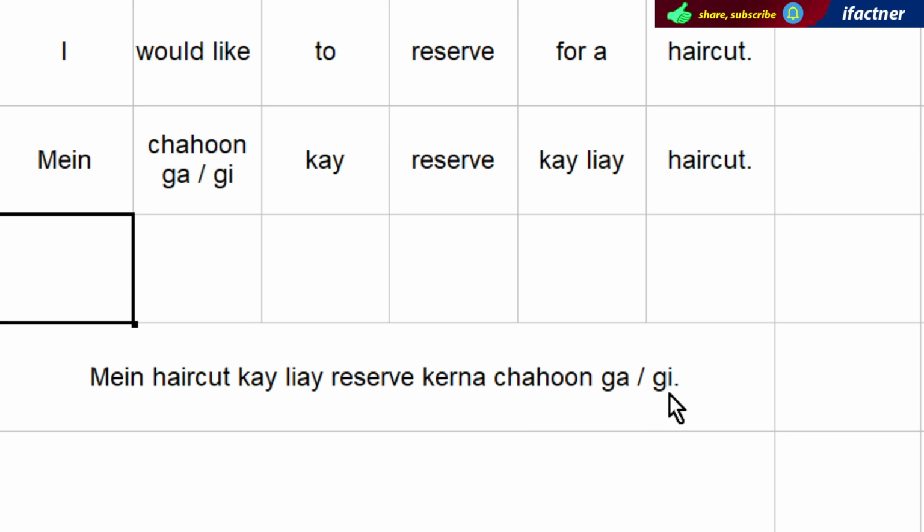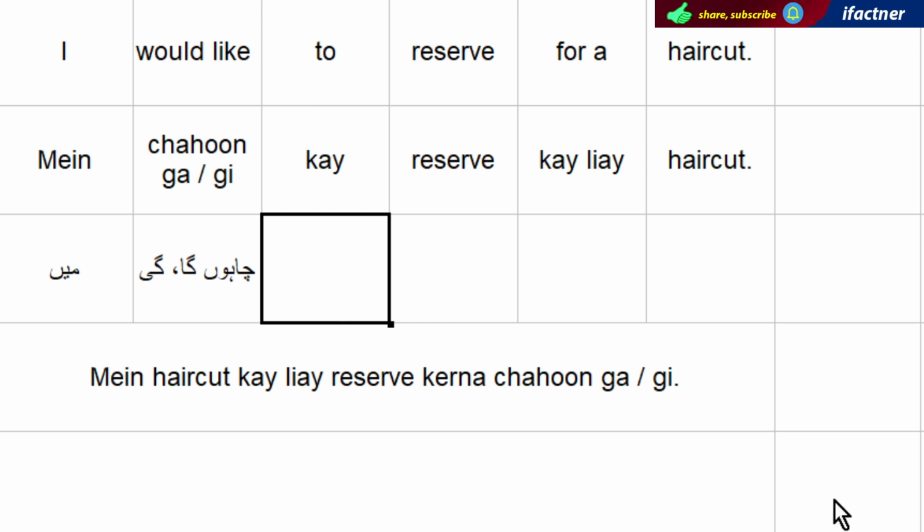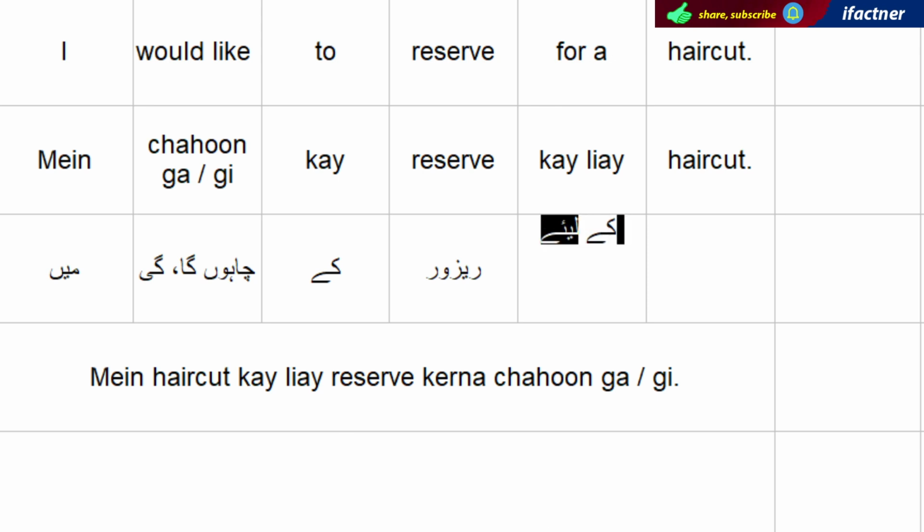Now let's see how do we type and spell मैं. मैं is meem ye noon, मैं. चाहूँगा और गी: che alif cha he vav noon. गा is gaf alif, गा, and गी can be written as gaf chhoti ye, गी. चाहूँगा for male, चाहूँगी for female. के is kaf bari ye, के. रिजर्व is re ye ze vav re, रिजर्व. के लिए is kaf bari ye, के, लिए is lam ye hamza bari ye.